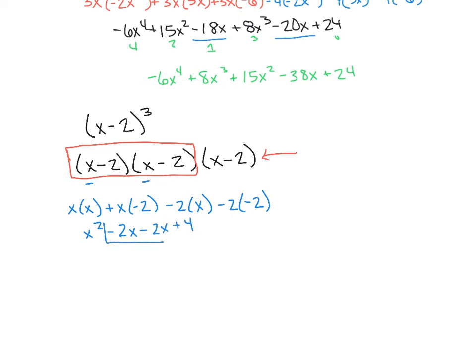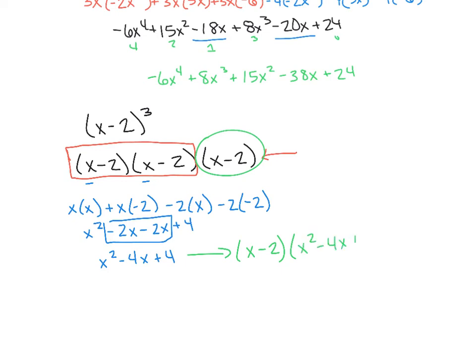Our middle terms are alike, so we get x squared minus 4x plus 4. That gives us what x minus 2 times x minus 2 is, but we have this third x minus 2. So we rewrite this as x minus 2, our binomial first, times our trinomial, x squared minus 4x plus 4.